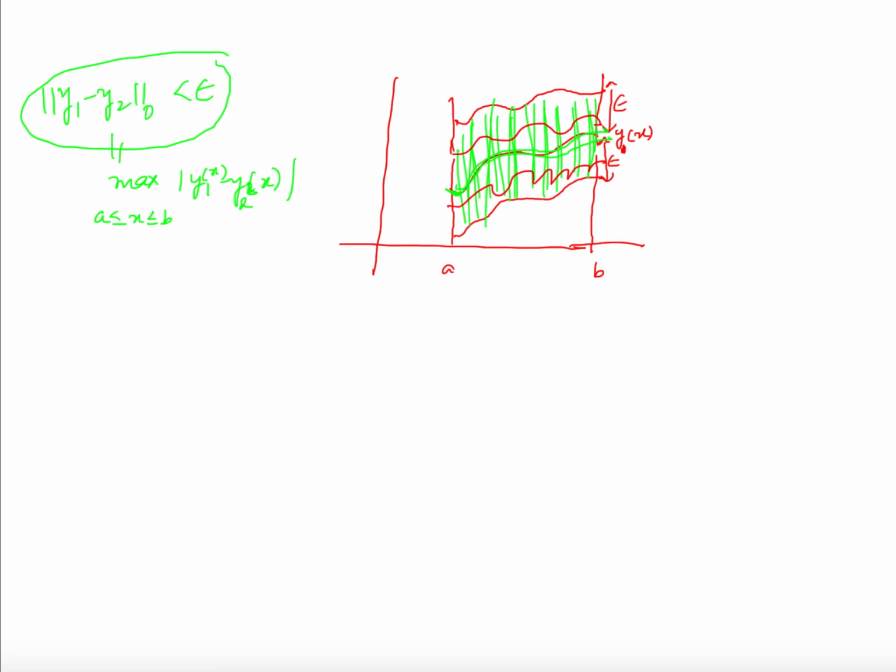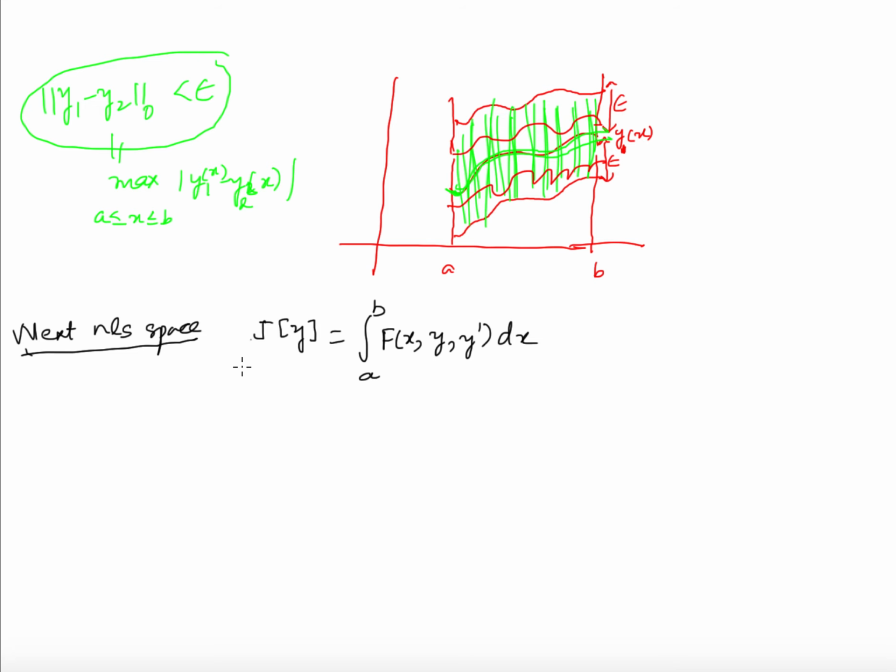Other non-linear spaces. Now let us look at the next non-linear space. Suppose I want to deal with this functional. Now if I want to deal with this functional, then I want my functions to be such that the first derivative should exist and it should be continuous.